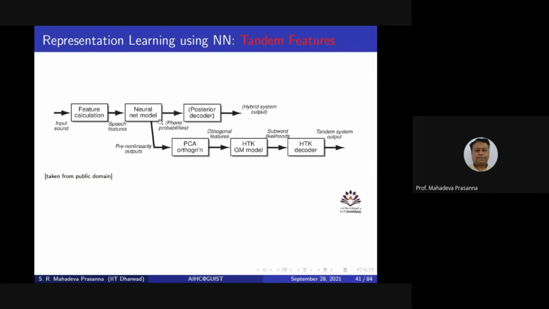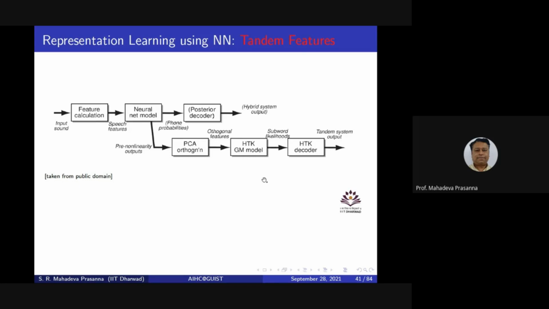Even earlier, at least in the field of speech, people took the features and trained shallow neural network models, and the outputs from the neural networks were used as representations or features for building speech recognition systems. The outputs, which we could directly use for classification, were instead used as features in stochastic models like the hidden Markov model toolkit for speech recognition.